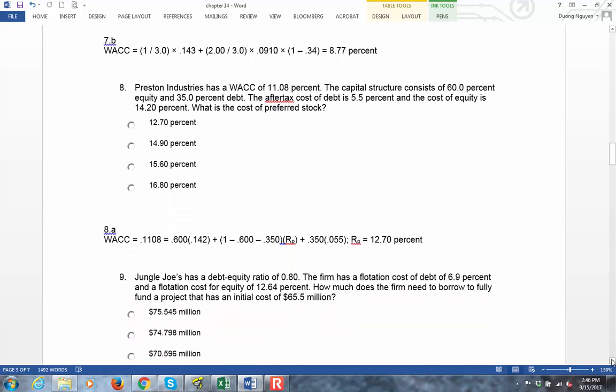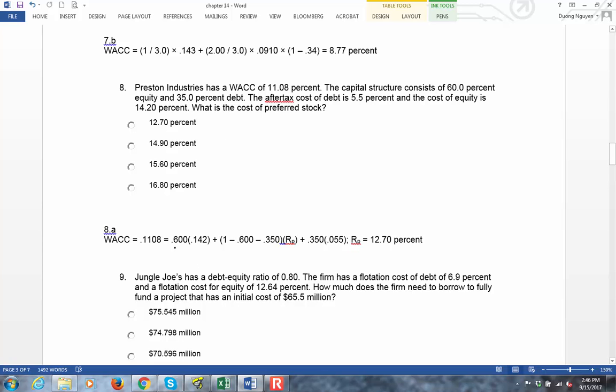8. Very similar. Alright, use the same formula. The question is asking you for the cost of preferred stock given the weighted average cost of capital. So the cost of capital equal to 11.08%, which is equal to the weight of equity, 60%, so 0.6 times the cost of equity, which is 14.2%, plus the cost of debt is 5.5% after tax, times the weight of debt, which is 35%.